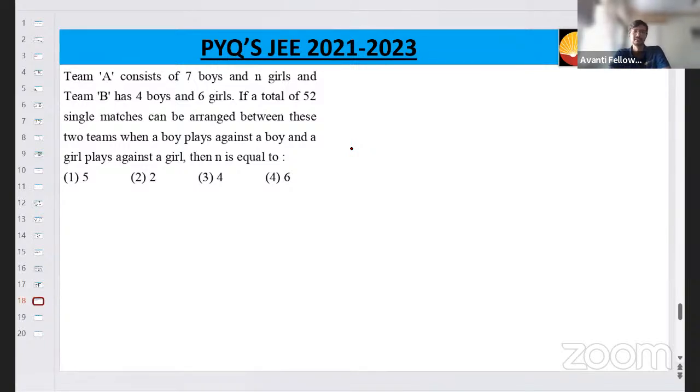Team A consists of 7 boys and n girls. Okay, so let us write the data here. Team A and we have Team B. So Team A has 7 boys, n girls. And Team B has 4 boys and 6 girls.